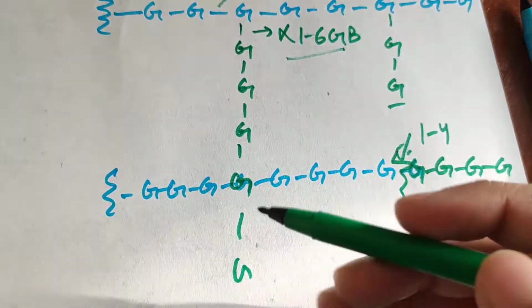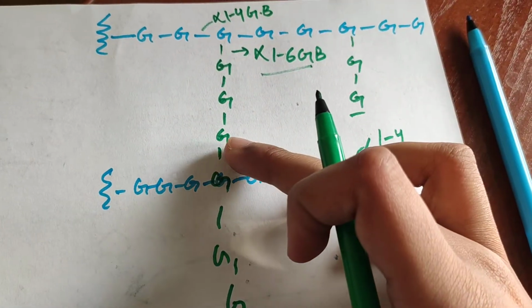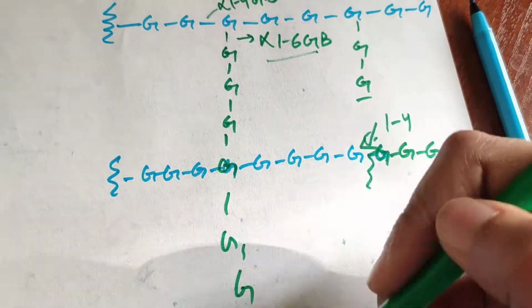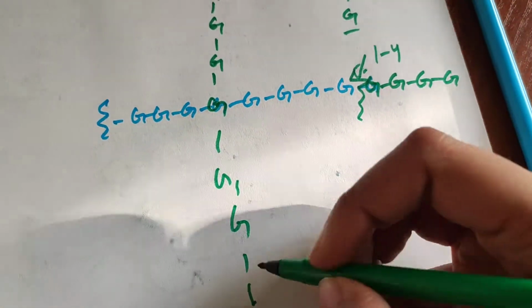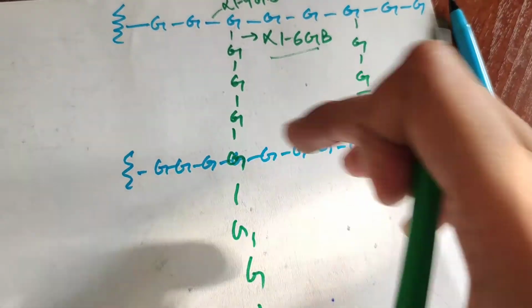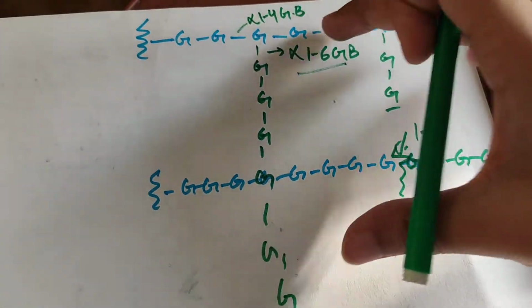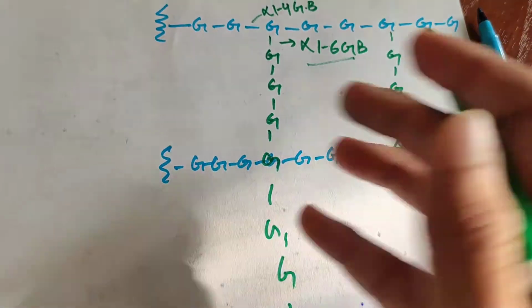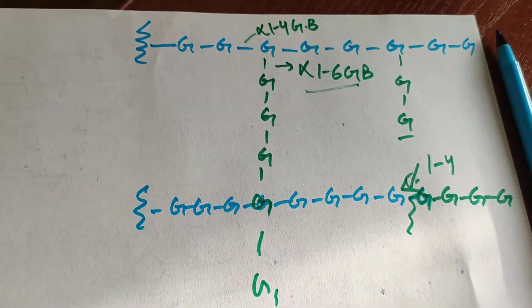When these chains again have above 14, 15 glucose attached, this transferase enzyme will again come, break, and form a branch again, and in this way the branched form of glycogen is formed.